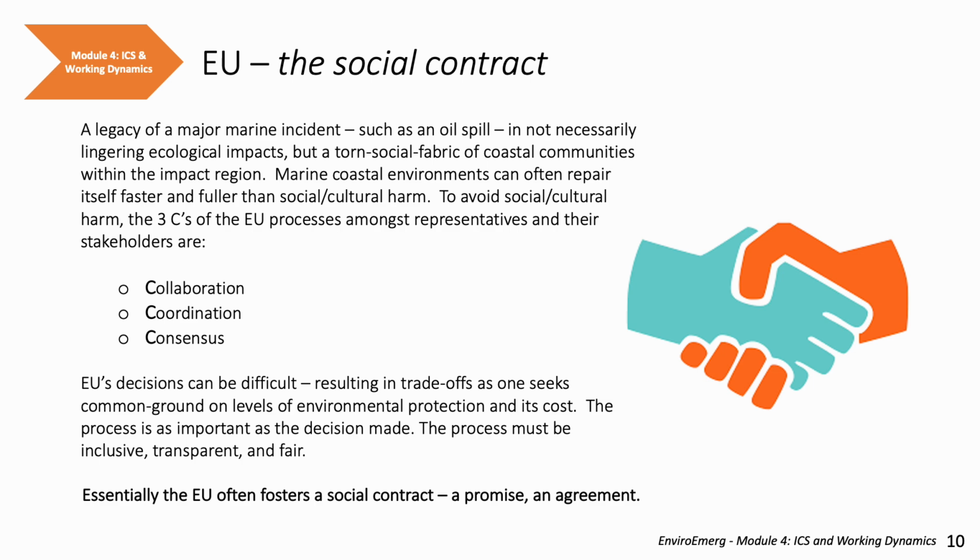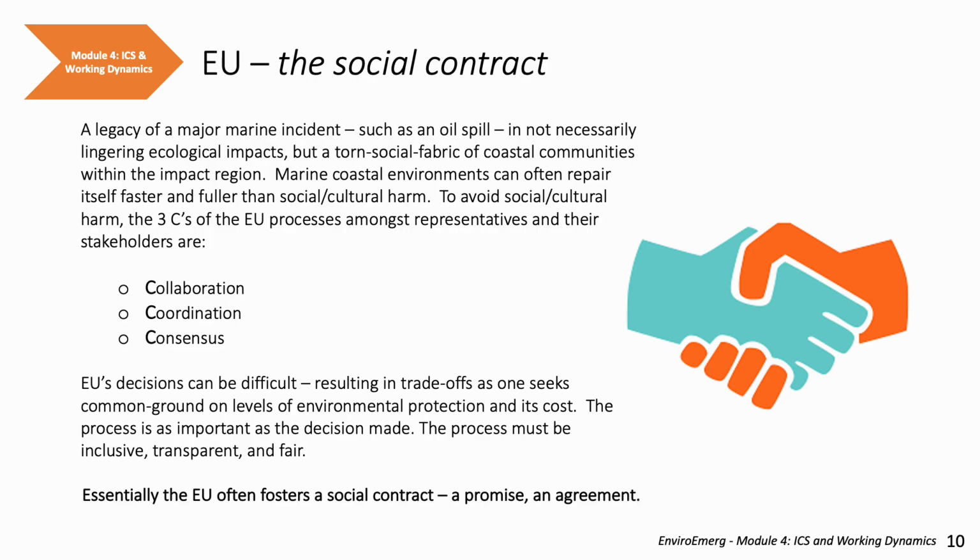The EU's decisions can be difficult, resulting in trade-offs as one seeks common ground on levels of environmental protection and costs. The process is as important as the decision made. The process must be inclusive, transparent, and fair. Essentially, the environmental unit often fosters a social contract, a promise, and an agreement.